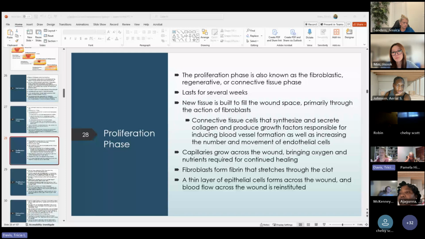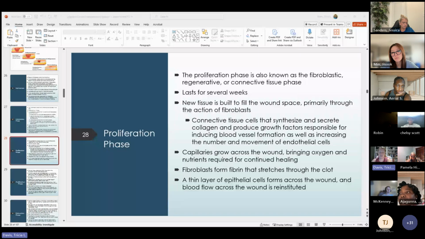That granulation tissue is eventually going to turn into scar tissue. But usually this process happens in the background, and at first it's just called granulation tissue. Depending on the health of the patient, this is going to last for several weeks. The new tissue is going to be built to help fill up that entire wound space through these fibroblasts, okay?